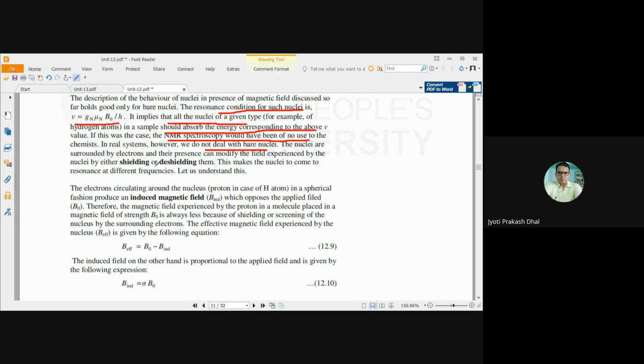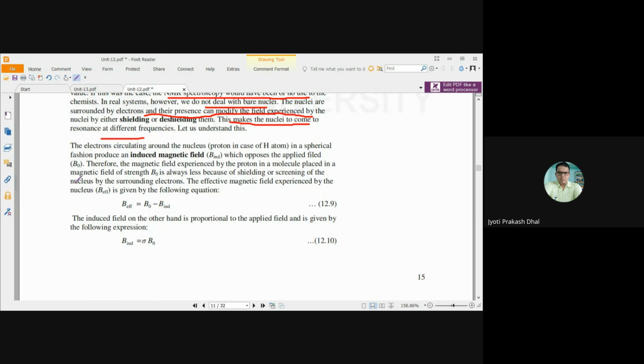The nuclei are surrounded by electrons, and their presence can modify the field experienced by the nuclei by shielding and de-shielding them. So this makes the nuclei come to resonance at different frequencies. Let us discuss in detail.